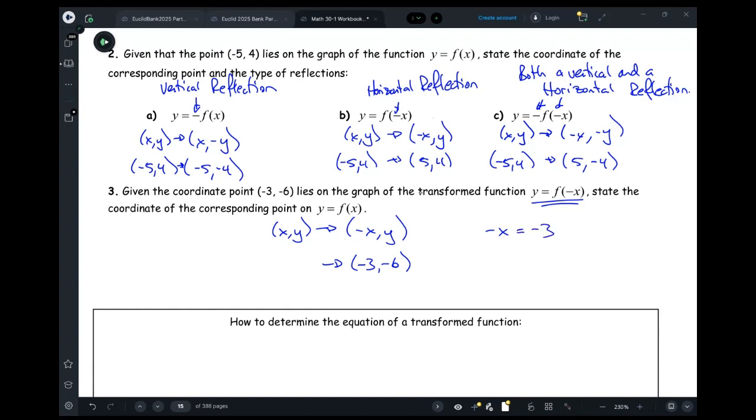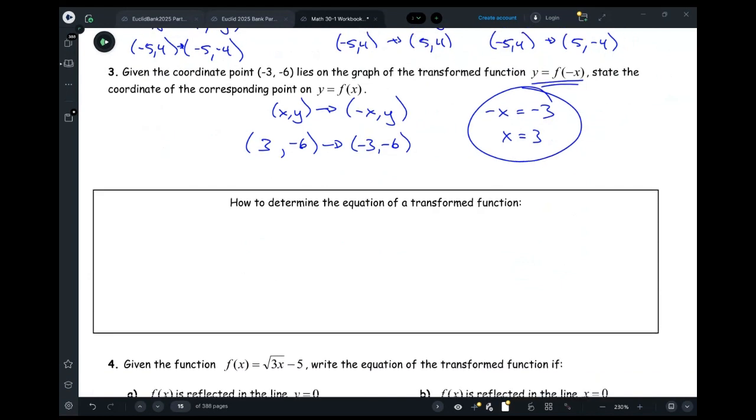Like we can see right now that the y coordinate didn't change, but the x one did. If I bring that negative over and solve for the original x, I get x is equal to 3. It's just as easy as that. As they get more and more complicated, doing it like this, setting up that little equation and solving for x is going to make that a little bit easier. When they get more complicated, right now you probably could have just seen what was going on right there.